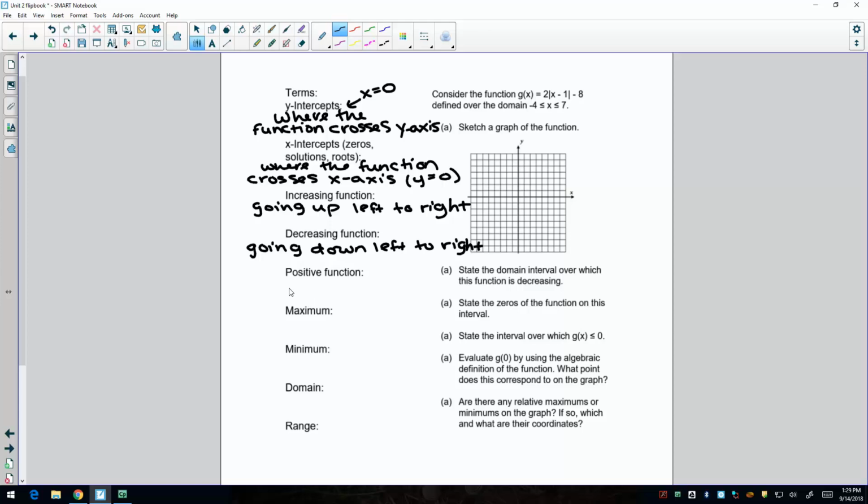When we talk about a positive or a negative function, we're talking about will our outputs be positive or will they be negative? And remember, the outputs are the y's.